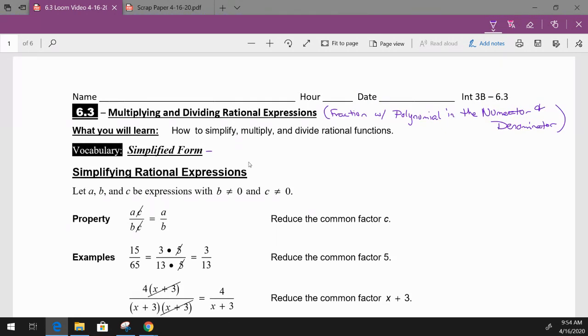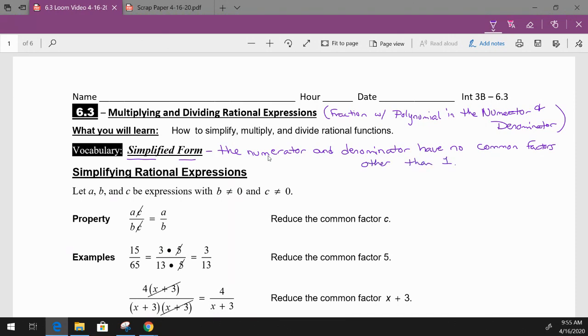So in order for something to be in simplified form, it basically means that the numerator and denominator have no common factors other than 1.